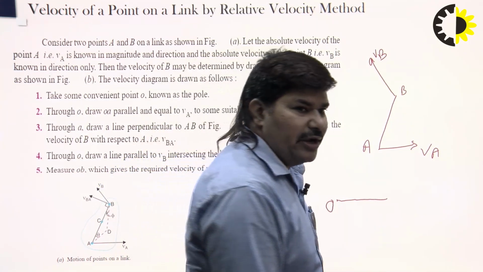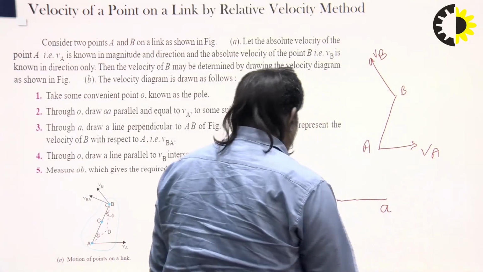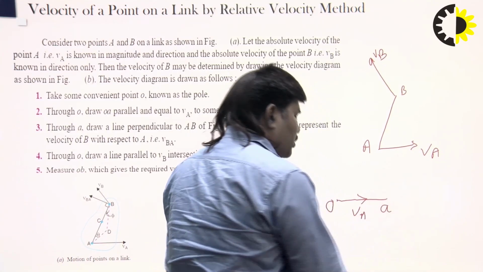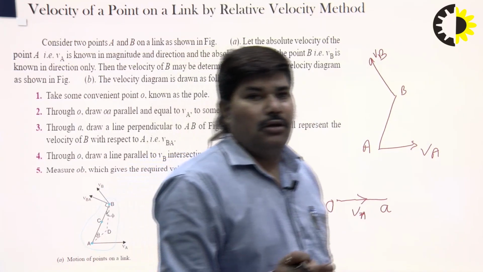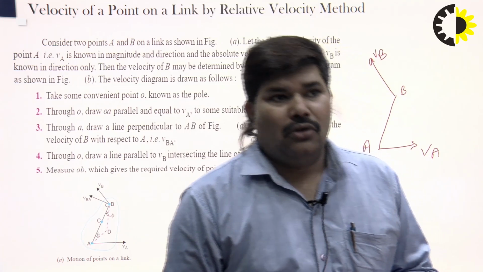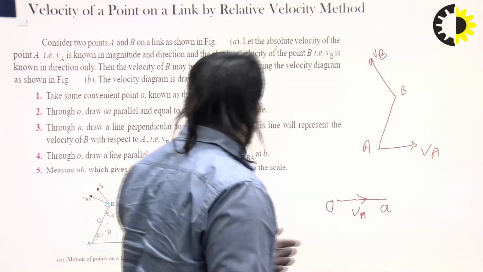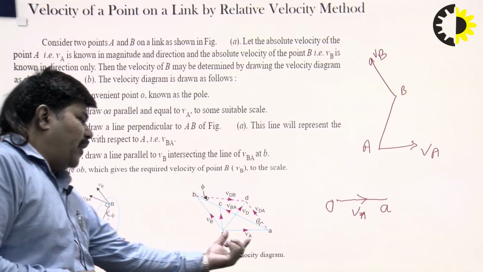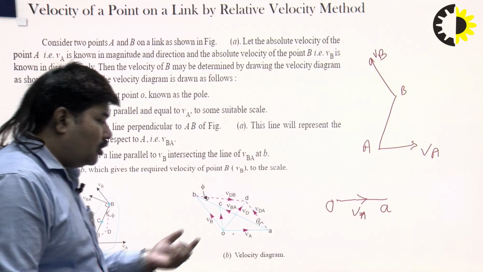This point is known as A, the velocity of A, which is parallel and equal to this VA.